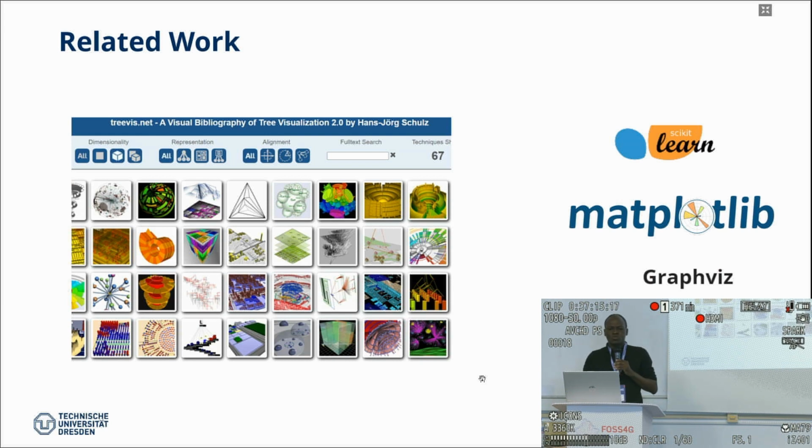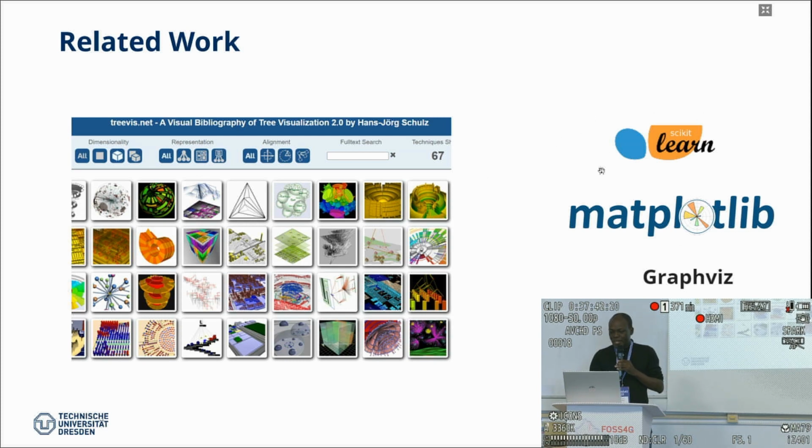We looked a bit into related work. On the left-hand side, what you can see is 3vis.net. It is a platform where the author has collected all the possible ways of visualizing decision trees. And when you filter by the dimensionality, which is 3D, you obtain 67 results, but none of these was addressing the problem as we wanted to.